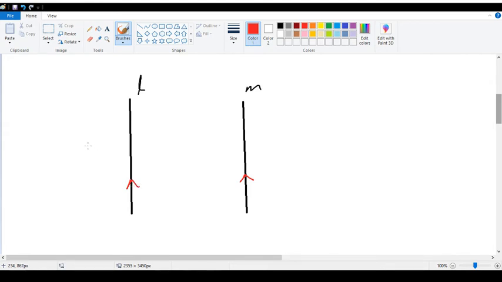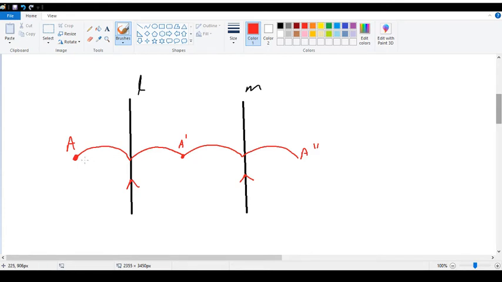And if I have a shape here, let's call it, well, it's a point A here. If I reflect this on line L, it's going to be somewhere right here. It's going to be A prime. If I reflect it again on line M, it's going to be A double prime.